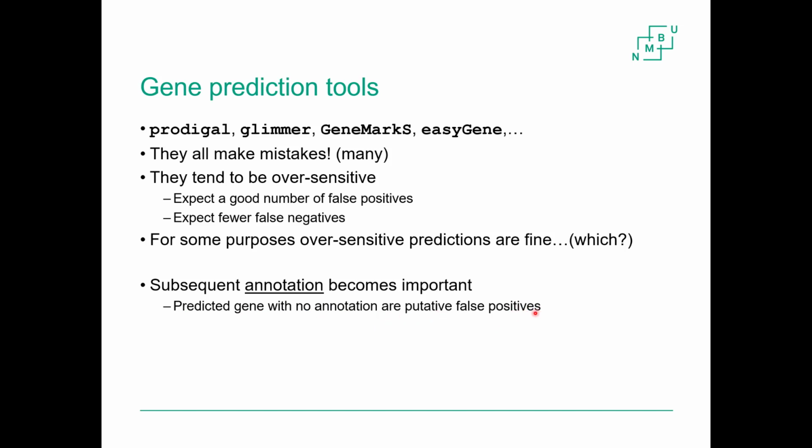So we can actually prune the list of predicted genes after the annotation. I think that's quite common to do. You predict genes, get a lot of false positives, and then you annotate and see which of these did not get an annotation. Okay, let's put them aside as false positives, or at least be skeptical of these predicted genes, right? Because they are most likely errors.